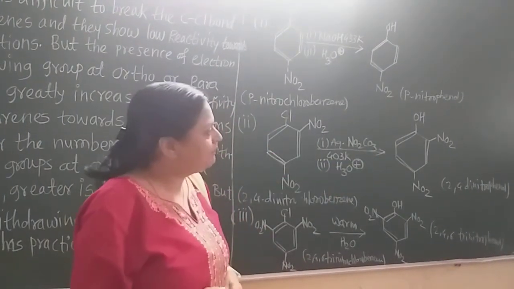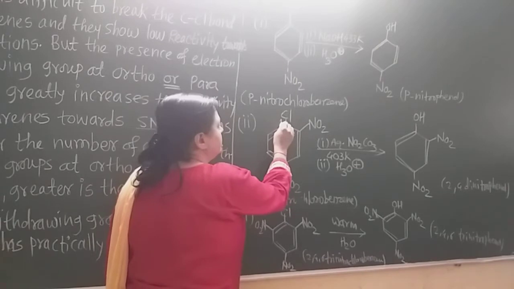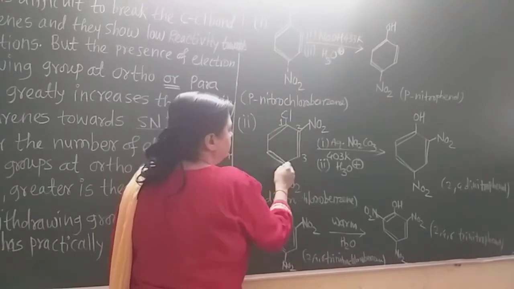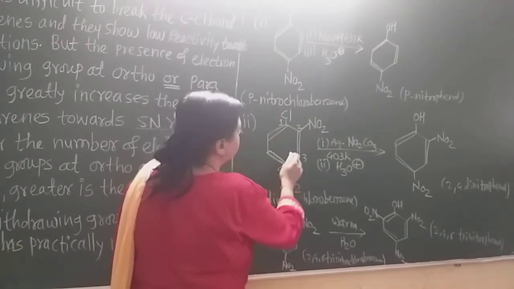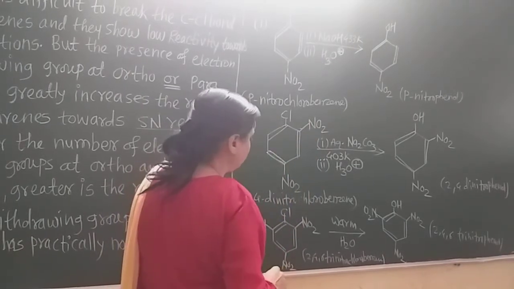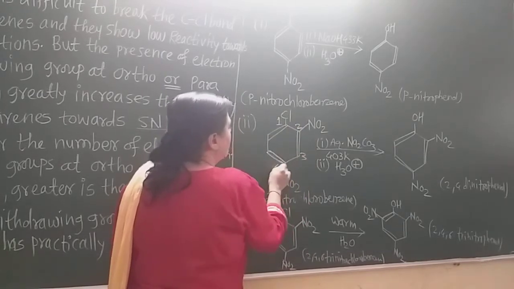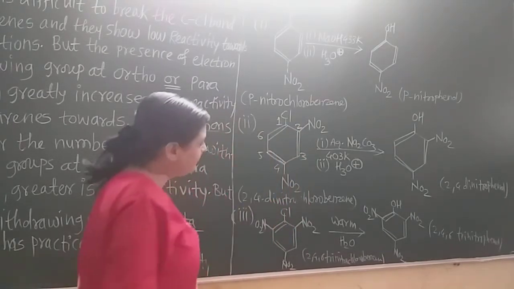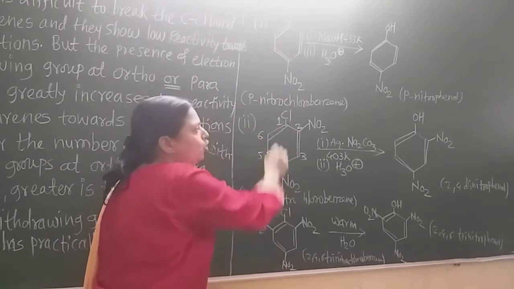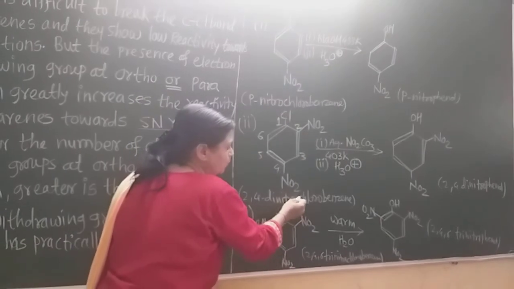And what is the name of that phenol? How is the numbering given? The numbering is given in this way, from this position 1, 2, 3, 4. Suppose we give the number 1 position to the chlorine: chlorine 1, 2, 3, 4, 5 and 6. Now see here, this is definitely chlorobenzene, but on the second and fourth positions there are nitro groups.